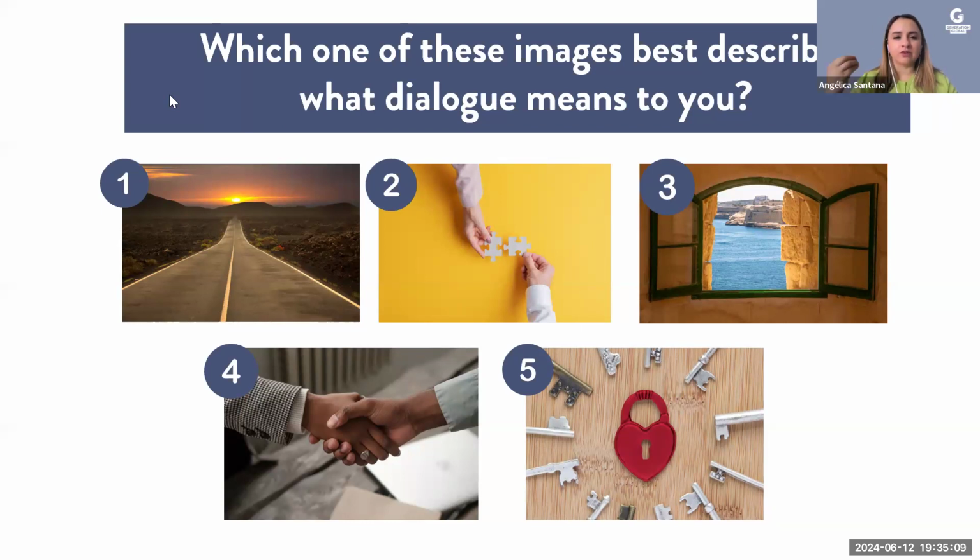Because this is a way for us to get started into what dialogue is and into what you can do as an educator to reinforce these dialogue skills in your classroom. So I thank everyone. I see some of you have selected 3 or 4. That's okay. It means that you could probably have many uses for dialogue.